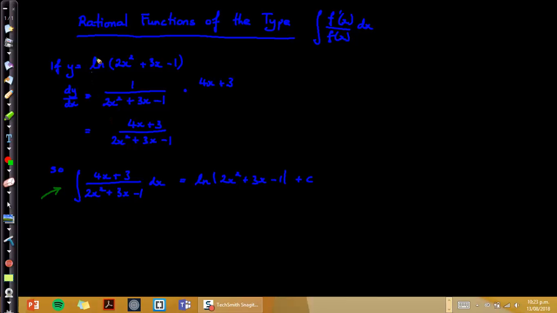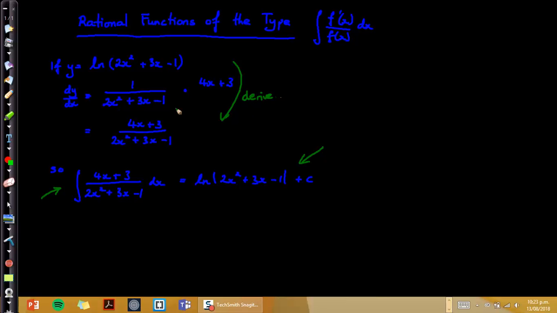Well, why would that be? If we take a look at what I reckon is the answer here, and you derive that function, because it's a composite function, it would be 1 over the 2x squared plus 3x minus 1, because it's a log, but then times the derivative of what's inside here, which is 4x plus 3, giving this answer of 4x plus 3 over 2x squared plus 3x minus 1.